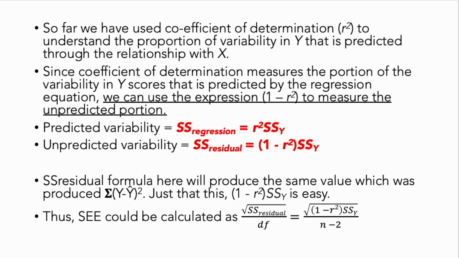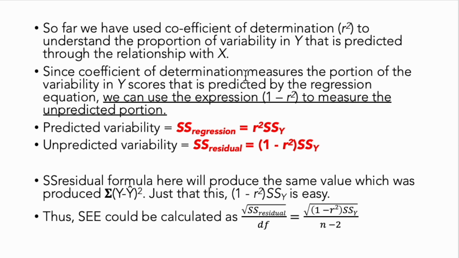Now when you have this, the next step is to find the predicted variability and unpredicted variability of your data. This is important for your regression calculation or the final formula. So the coefficient of determination, that's the effect size we usually calculate in correlations.